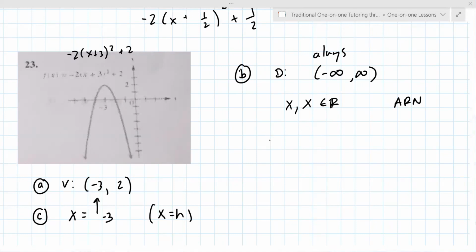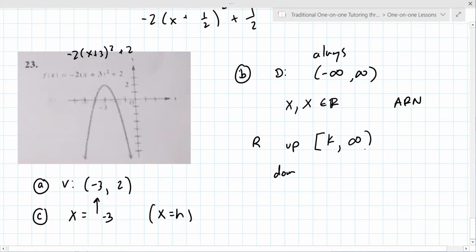All right, the range depends on whether it opens up or down. I know this one opens down, but I want to give you both. When it opens up, it's the value of k to positive infinity. And when it opens down, it's minus infinity to k.